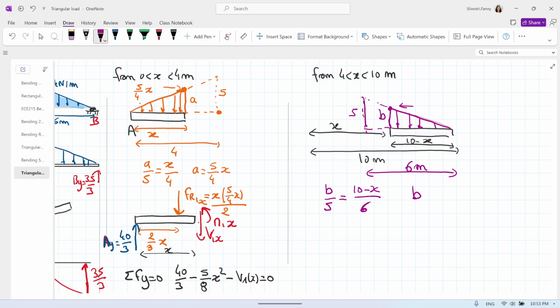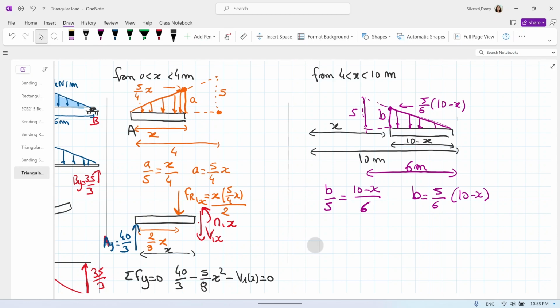So B, that is the maximum distributed force, equals 5 divided by 6 times (10 minus x). Okay, that was step number 1.